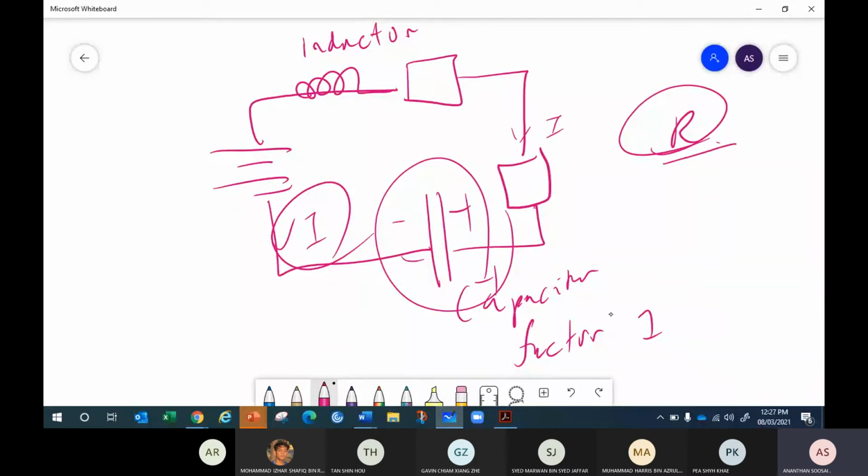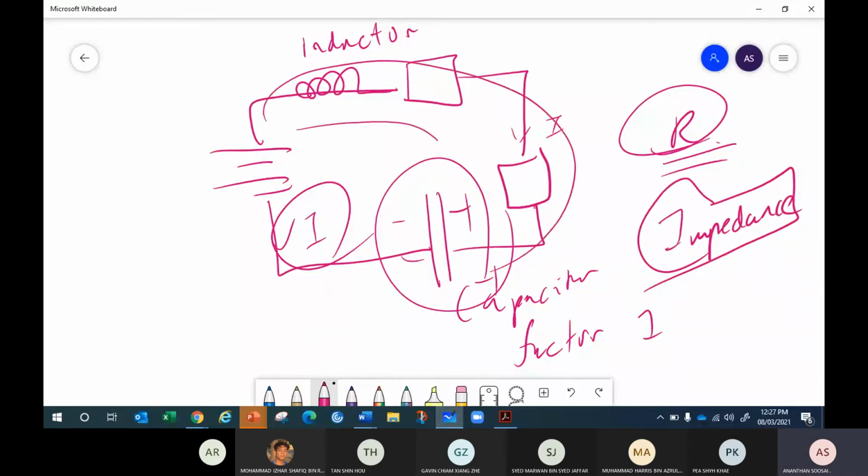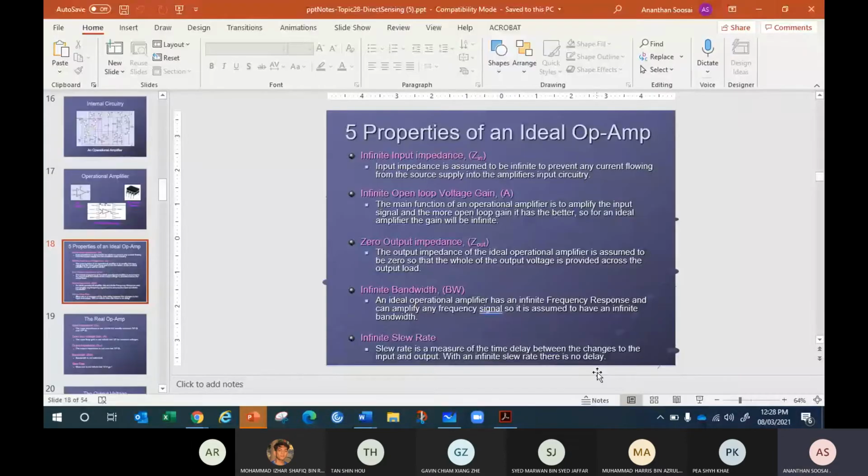But the term resistance is not used for a capacitor. To have a common term for all of them, it is called impedance. Impedance means the effective factor that opposes the current from flowing. For your understanding, you can imagine impedance like resistance. Impedance's unit is also the ohm.